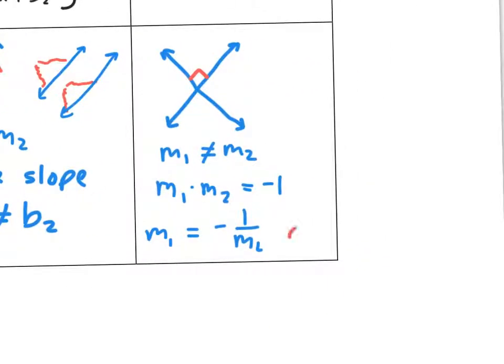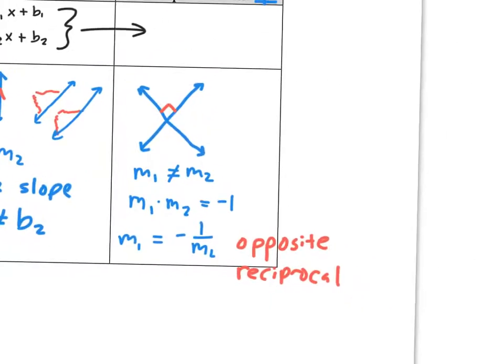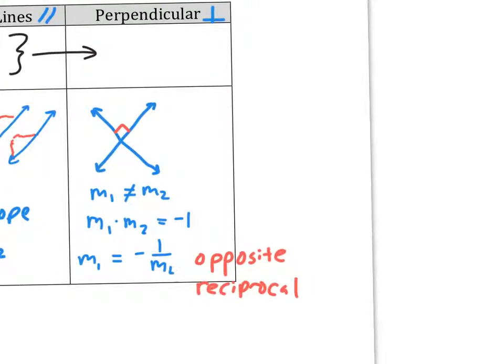We're going to practice that in just a minute. Please go ahead and take a moment to write this down, that they are opposite reciprocals. So for example, if m1 was 2/3, that would mean your other slope is the opposite.